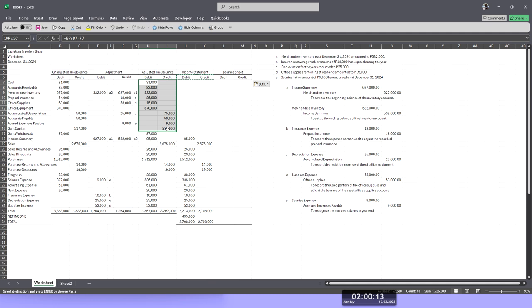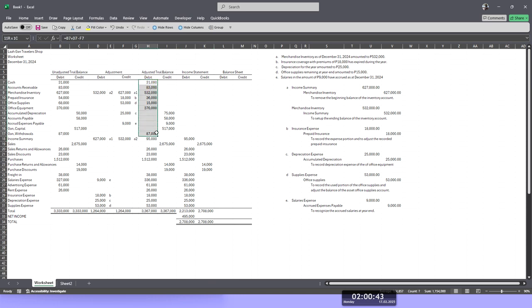Now, although income summary is a temporary equity account, income summary is used to hold the net income of the company during the closing procedure. So that is why its balance in the worksheet is included in the income statement column.